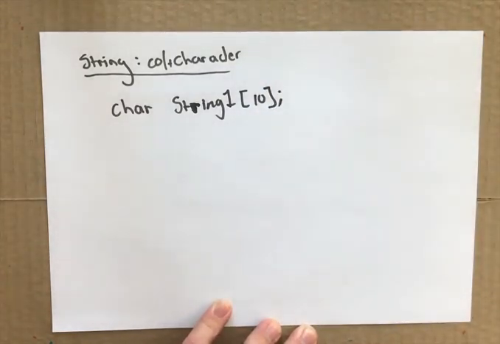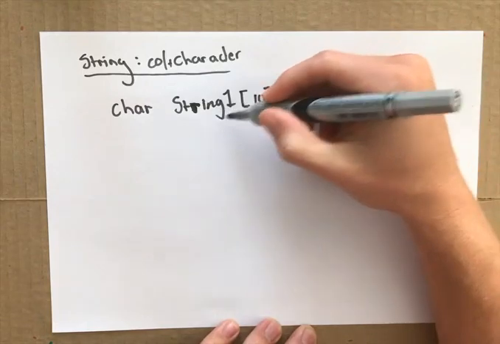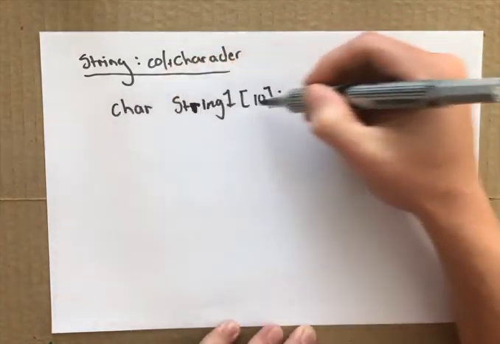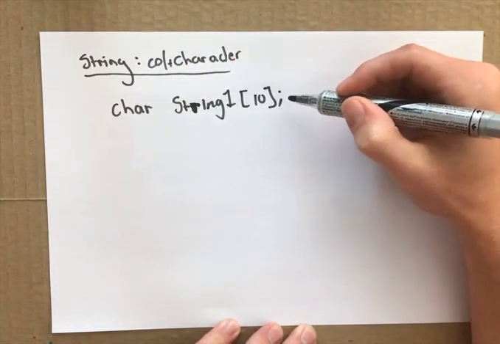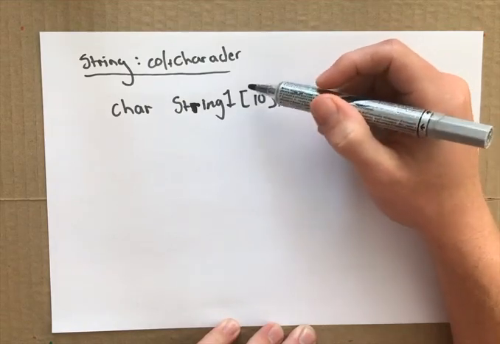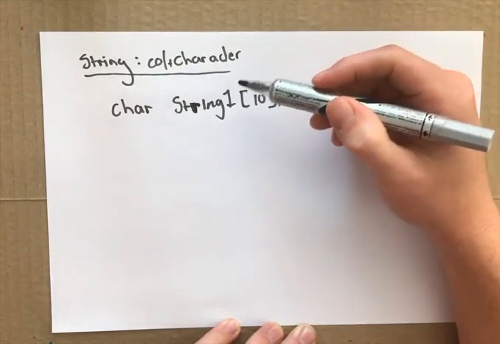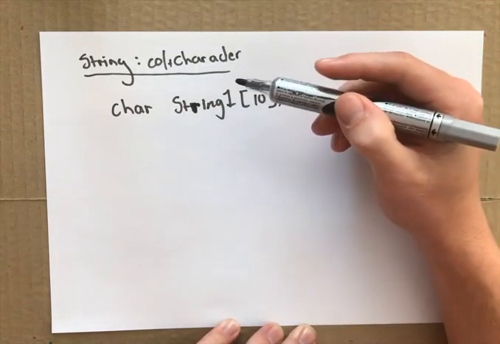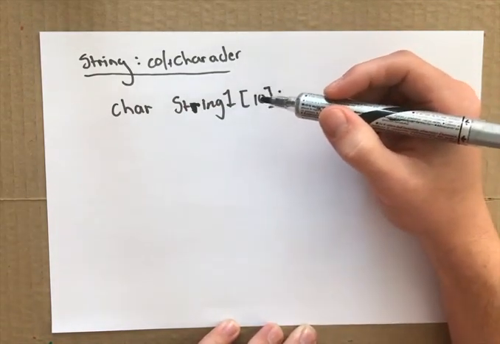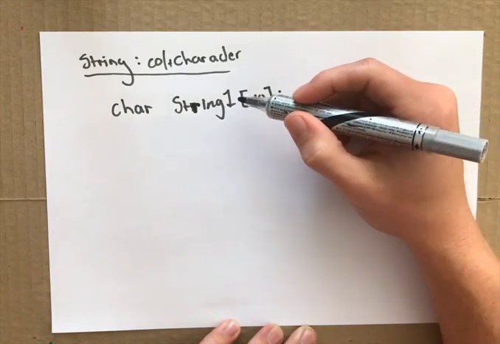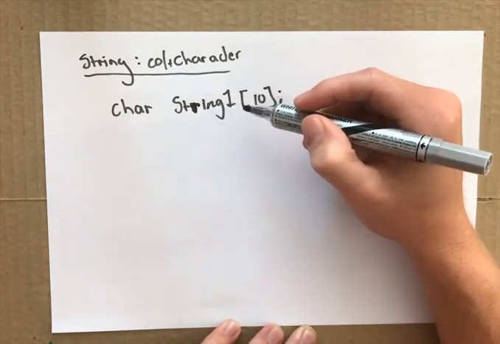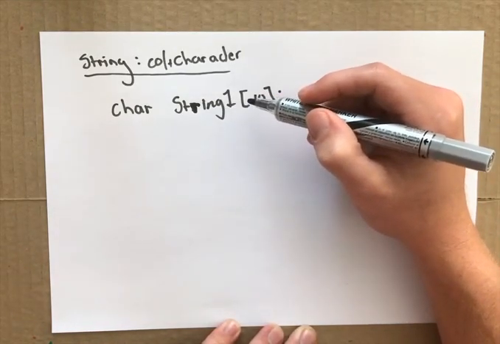So this is now just a normal string in the C programming language. How we would declare a string is exactly the same as how we declare a normal array. It's just called a string, but it's just a char array. Now in the compiler there are different ways of declaring a string as well that we need to note.